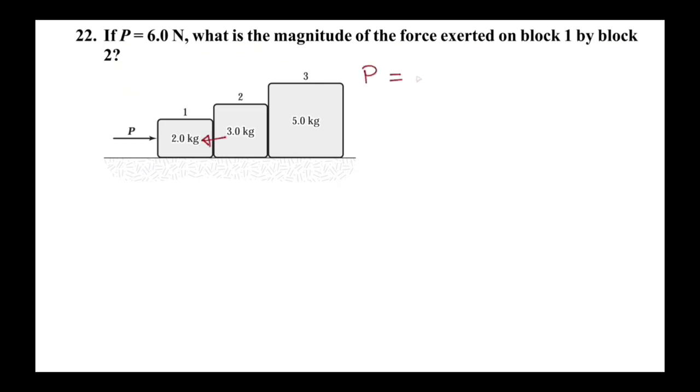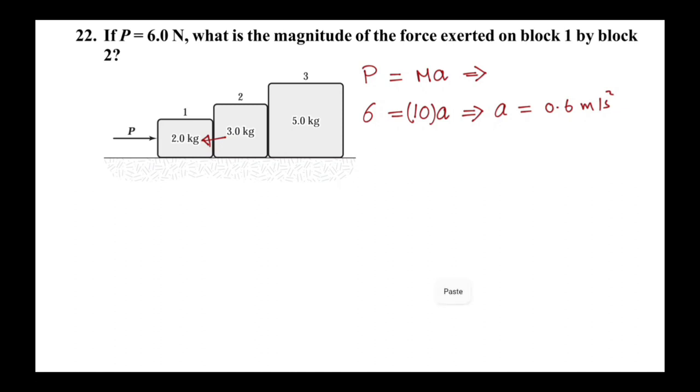P equals MA, so the total force is P. Let's calculate the acceleration for the whole system. So 6 equals the total mass, 5 plus 3 plus 2, which is 10, times A. In this case, A equals 0.6 meter per second square.